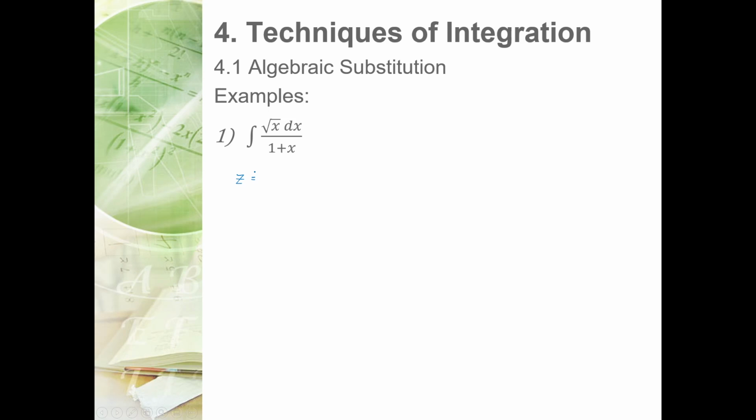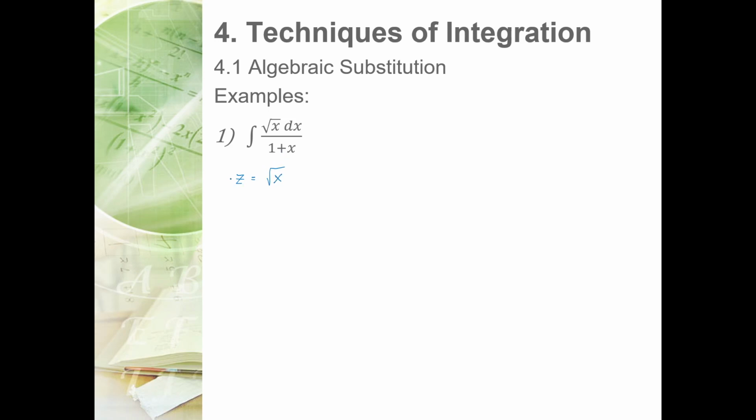Usually, if you come across radical expressions in your integrand, that's what we eliminate in the process of algebraic substitution, for us to be able to create a much simpler equation. So for example, we're going to let z be equal to square root of x.